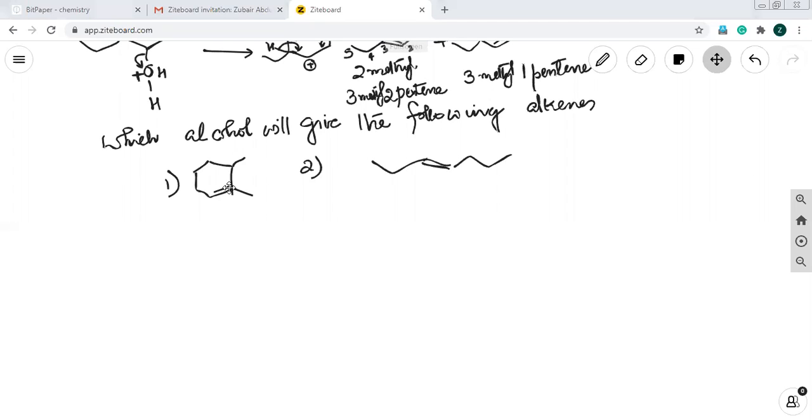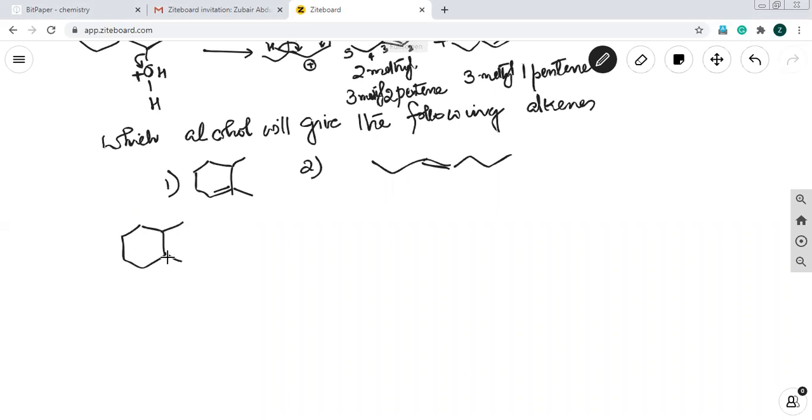What is the starting material? You can do the reverse reaction. Add H2O into this molecule. The double bond you can break.